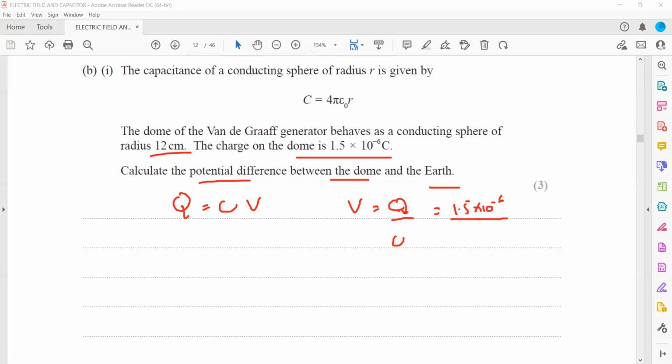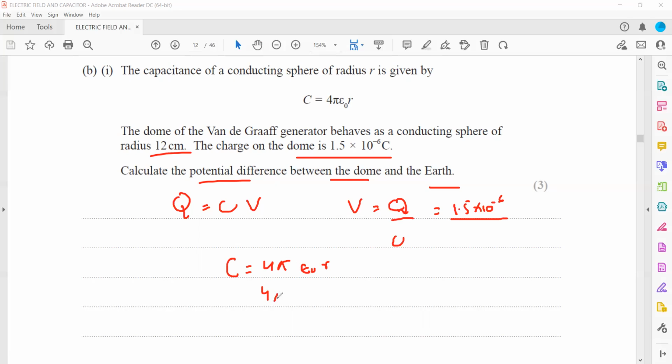How do we work out the capacitance? They mentioned here C equals 4 pi epsilon r. That is the formula for the capacitance of the dome.